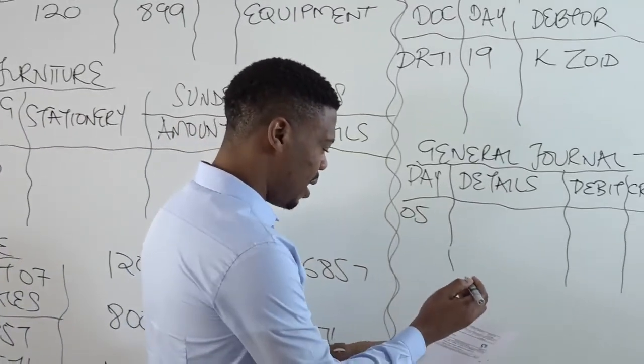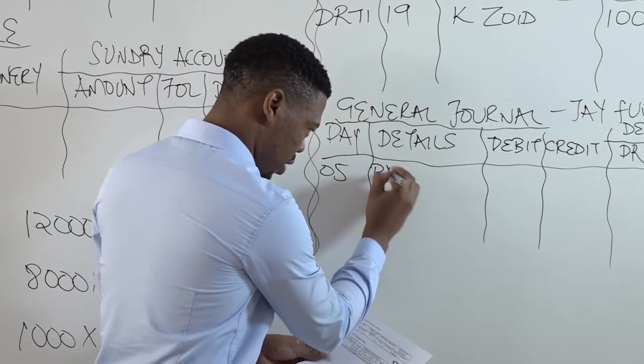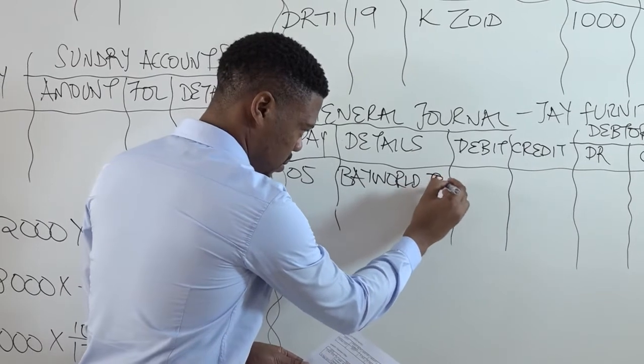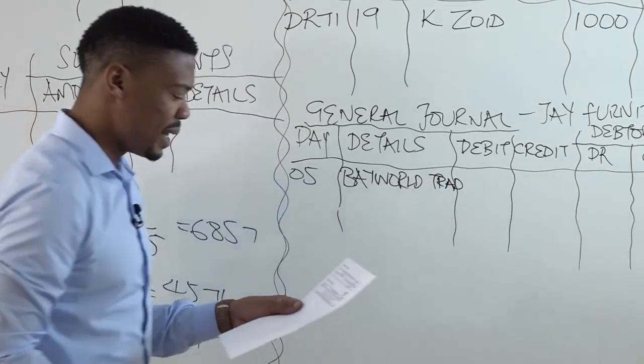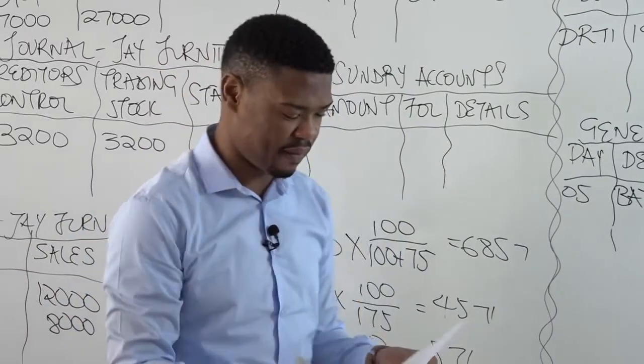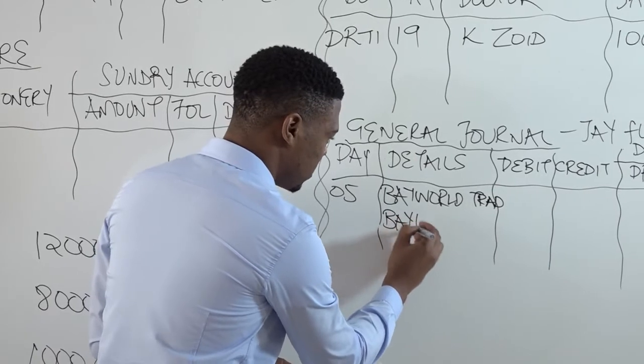Details: the account debited is the wrongly credited one, Bay World Traders. And then the account credited is the one that was supposed to be credited in the first place, Bay House Furniture. So you write it below that.